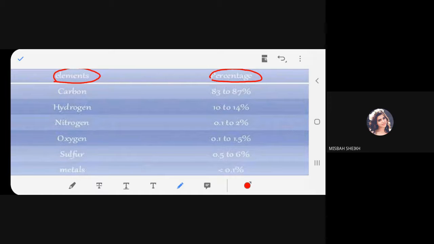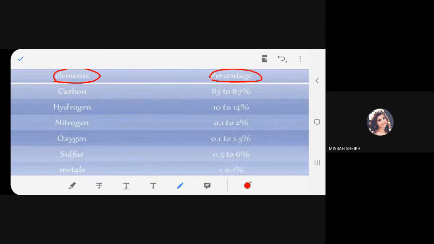Elements, hydrogen, percentage. You don't have to say elements again and again, neither percentage again and again. Once you have said, that's over. Now you just name the elements. Hydrogen, 10 to 14%. Then nitrogen, 0.1 to 2%.